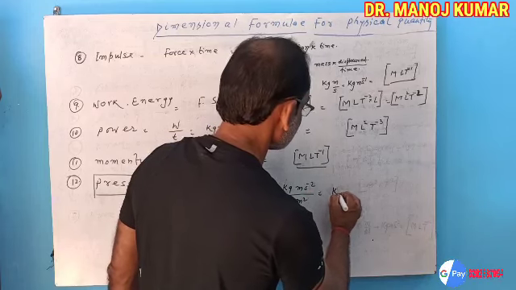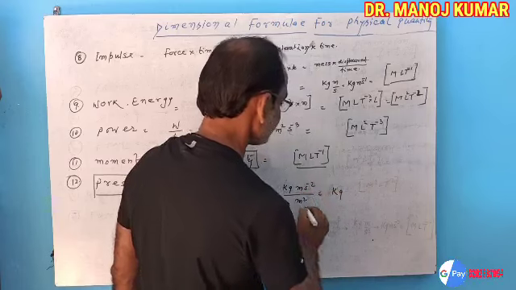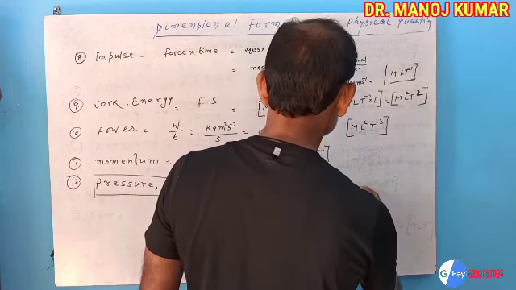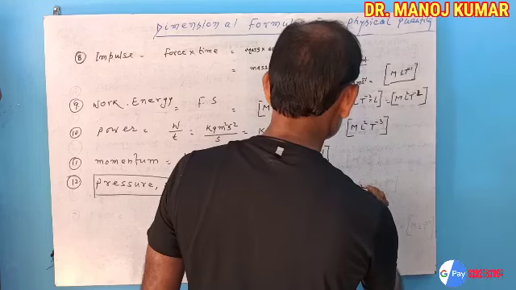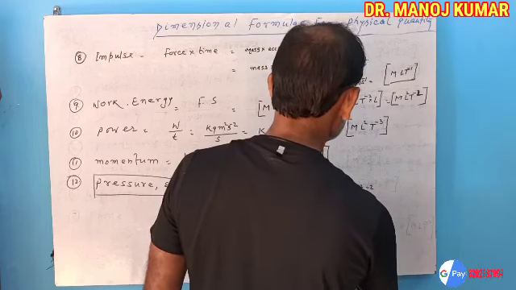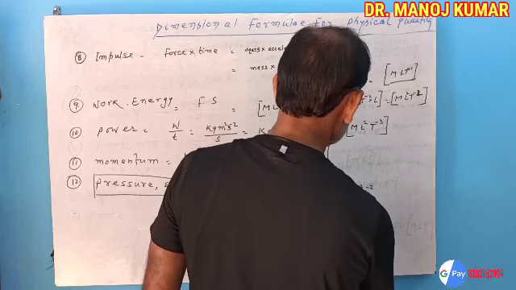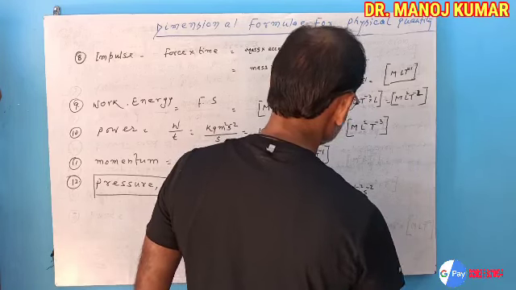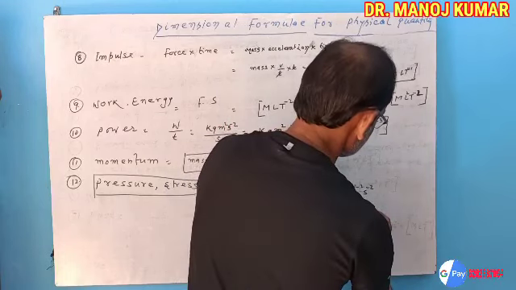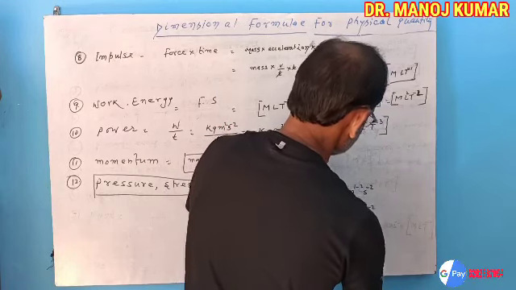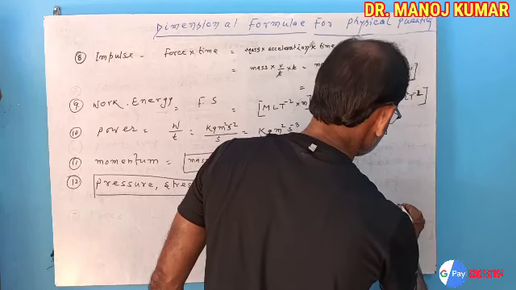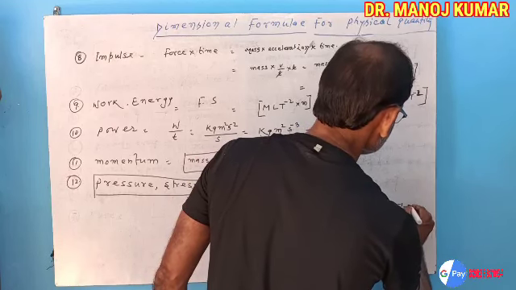So that is kg meter to the power 1 minus 2, s minus 2, that is kg per meter per square second, that is M L minus 1 T minus 2.